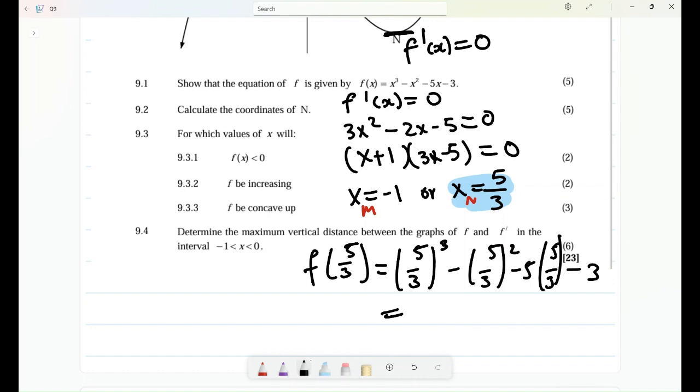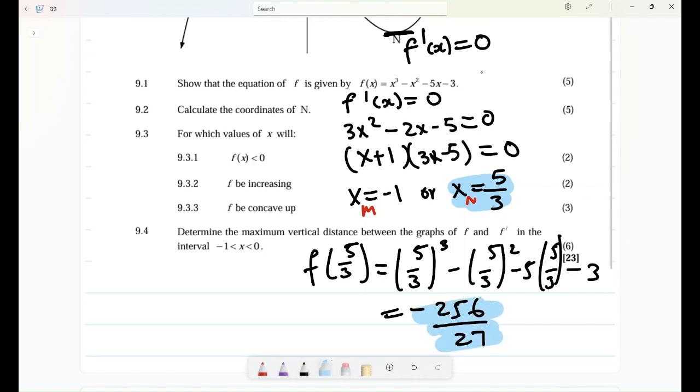Let's quickly punch that on our calculator. So I get something like negative 256 divided by 27. All right, yes, just leave your answer as it is.